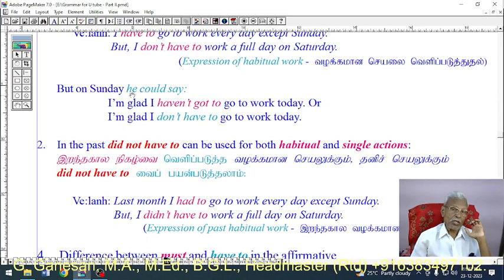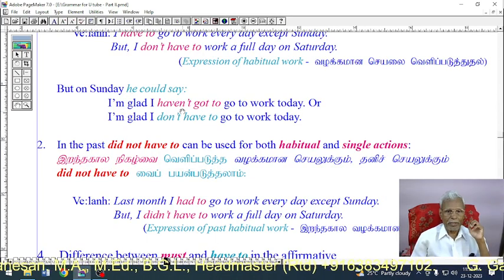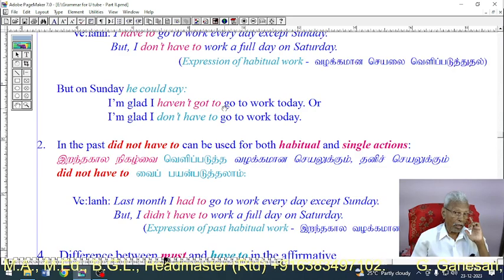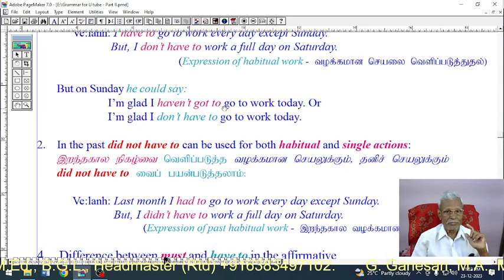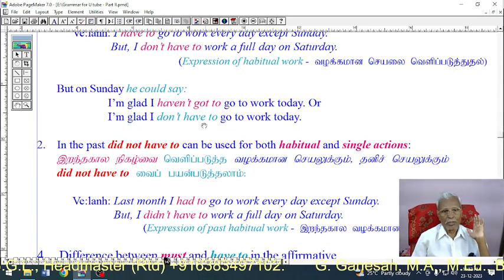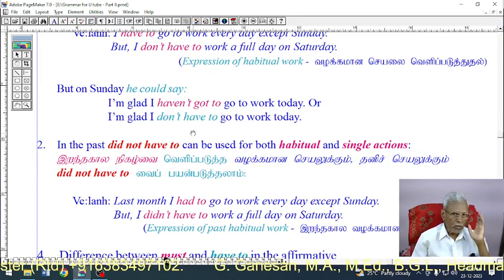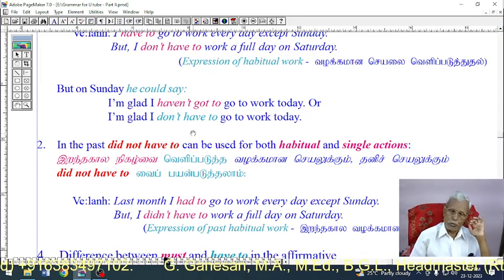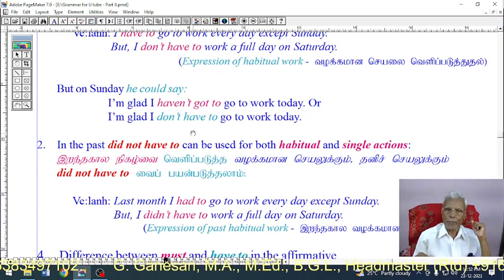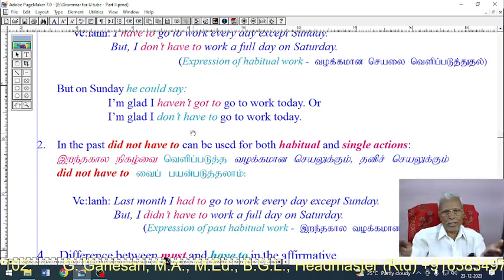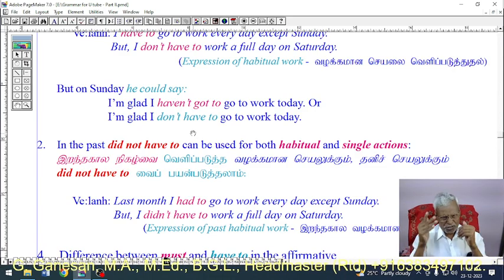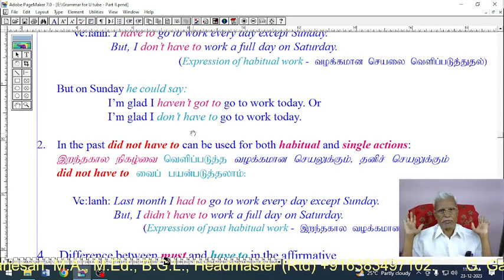But on Sunday, he could say, I am glad I have not got, I haven't got, or I do not have. Both forms would be used. We can use I have not got to, or I do not have to. They say it is the grammar of English.